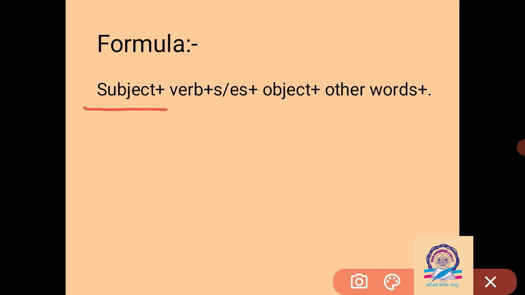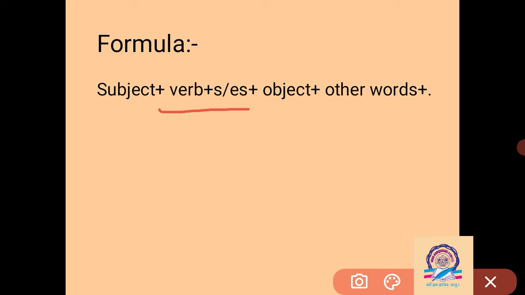Then the second position is the verb. It means we have to apply s or es to the verb in simple present tense. If the subject is I, we, you, they, or a plural noun, then we have to write the present form of the verb.